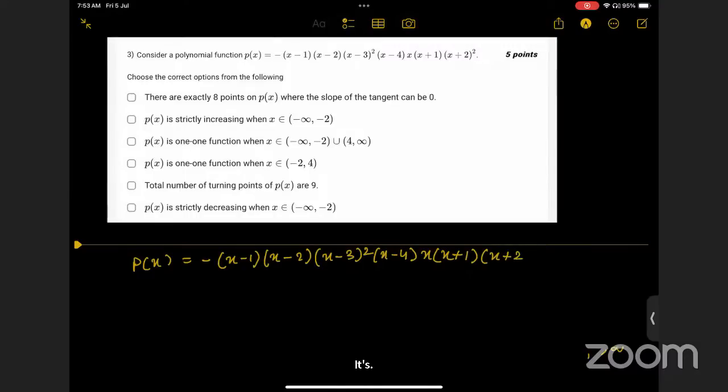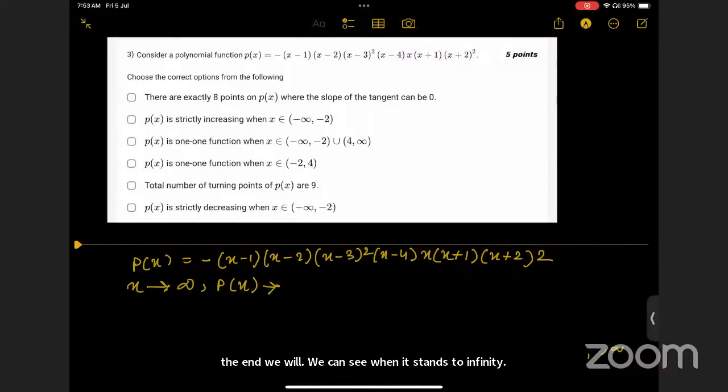And for the end behavior, we can see when x tends to infinity, P(x) tends to, for this we have plus, and we have a minus sign, and this tends to minus something.